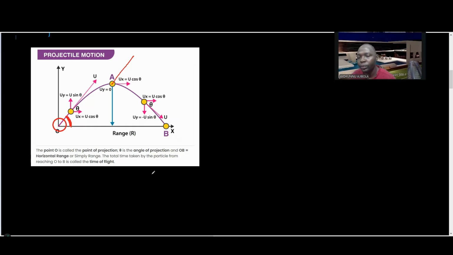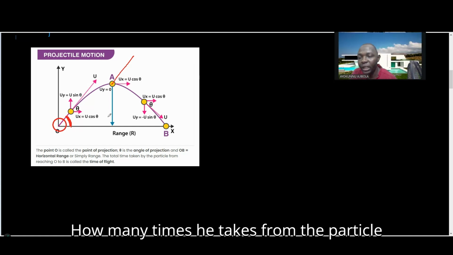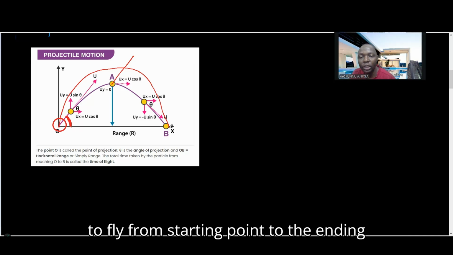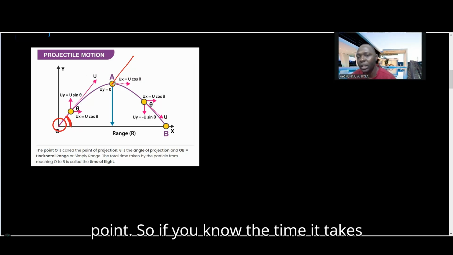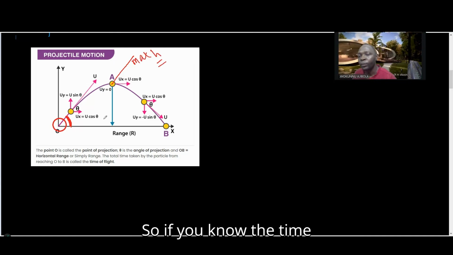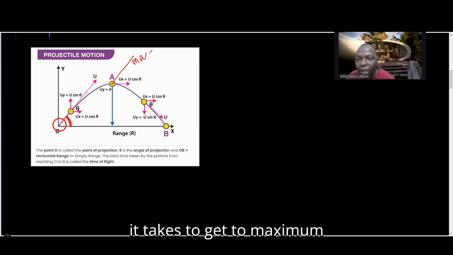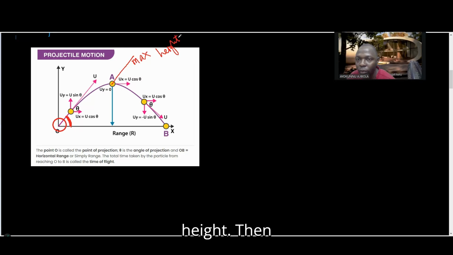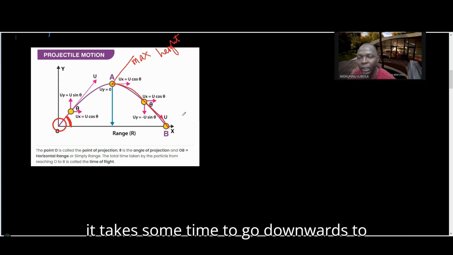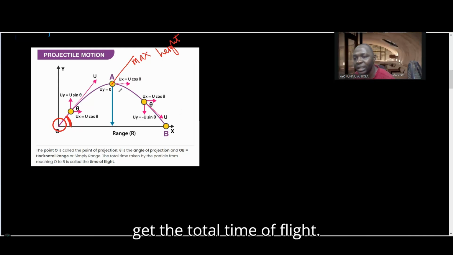Then the total time taken is the time it takes the particle to fly from starting point to ending point. If you know the time it takes to get to maximum height, you can multiply the time by 2, because it takes the same time to go downward, to get the total time of flight.